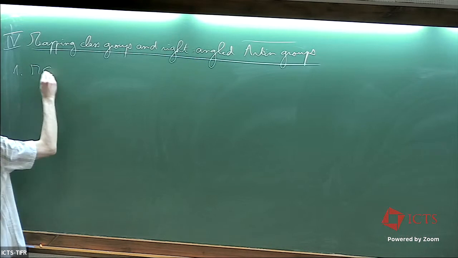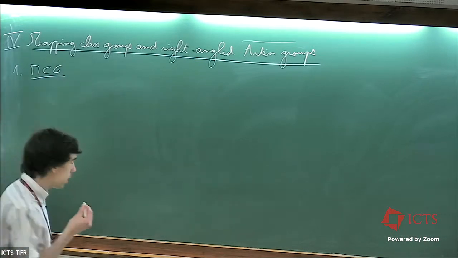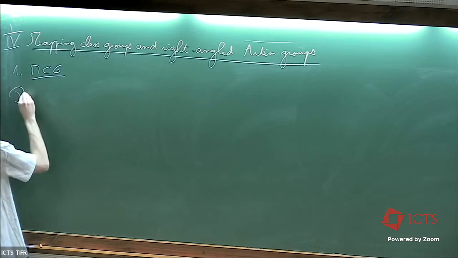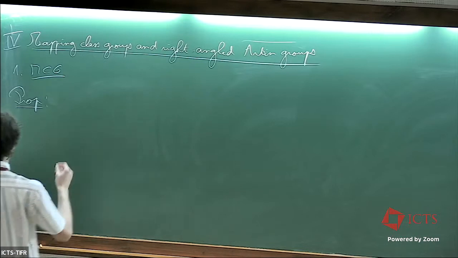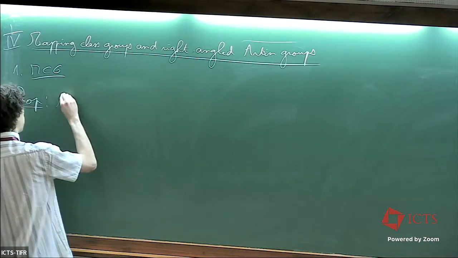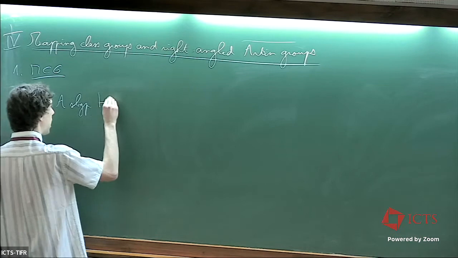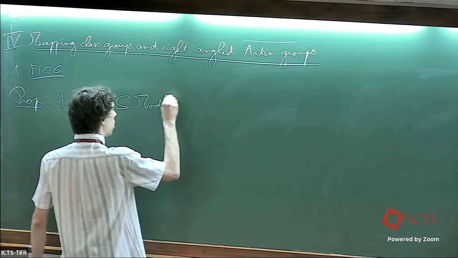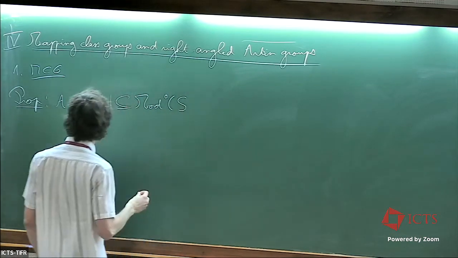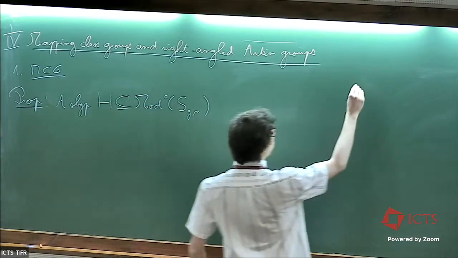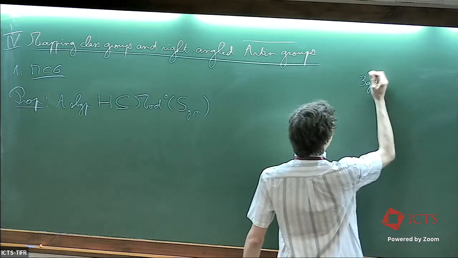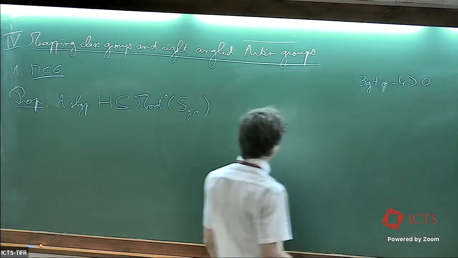Okay, so let's start with mapping class groups. So where were we yesterday? We were left with proving the following proposition, which was giving a characterization of curve stabilizers inside the mapping class group. So I'm always taking a surface with 3t plus n minus 4 positive.